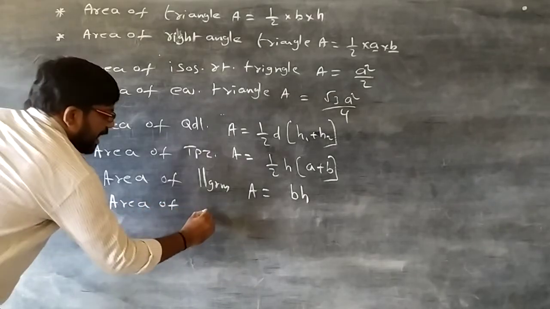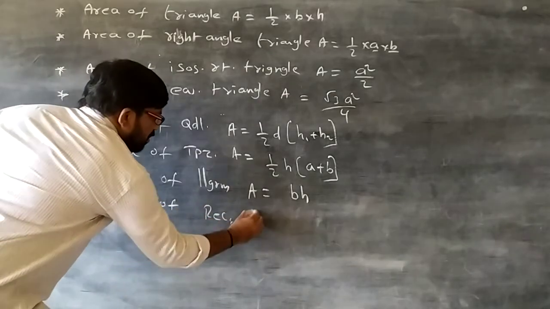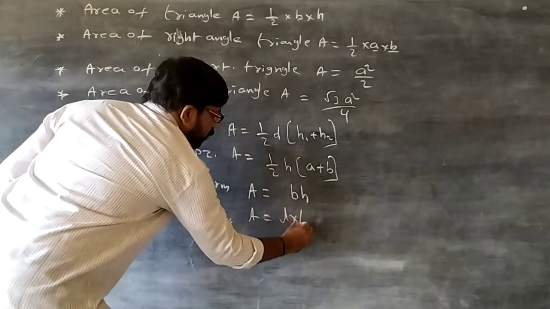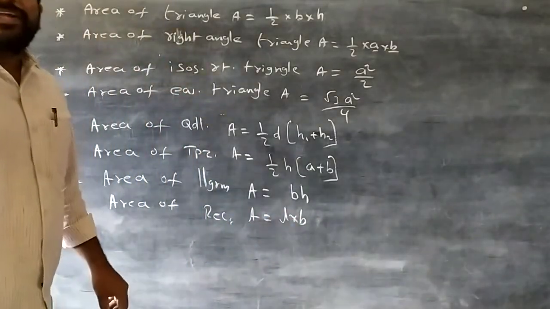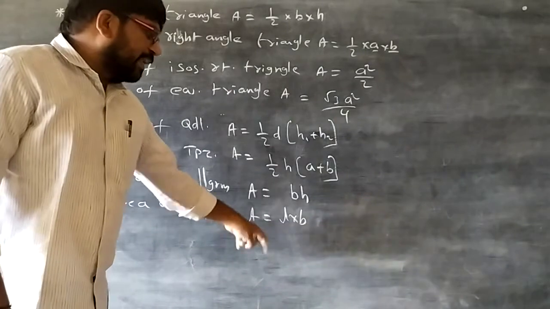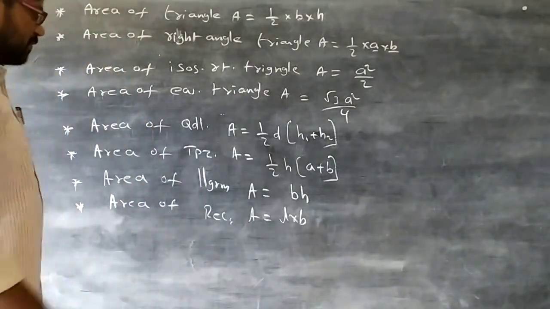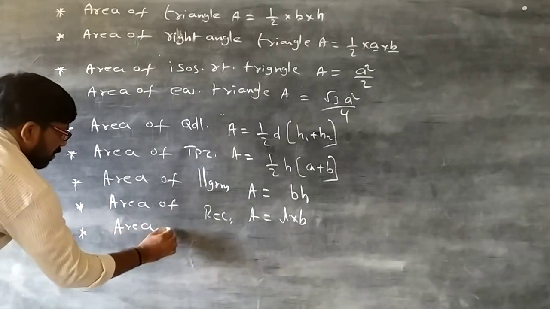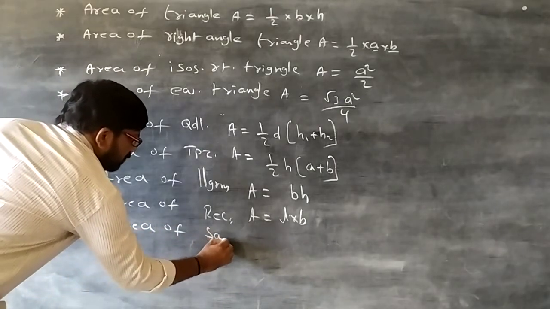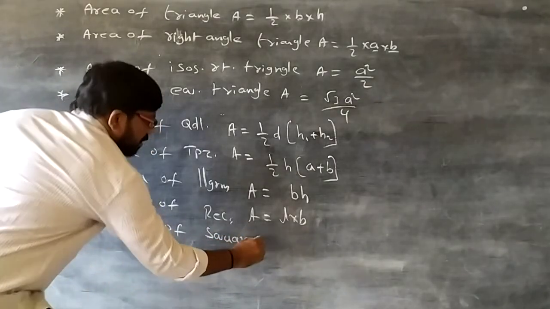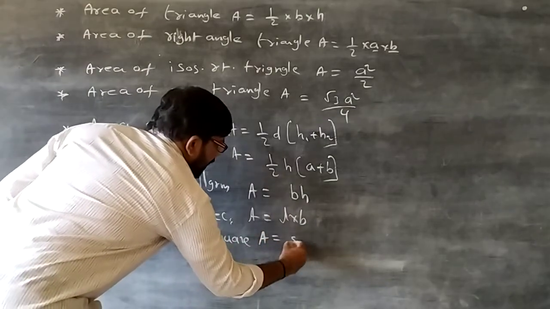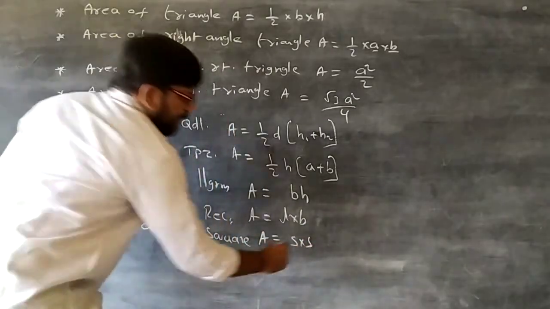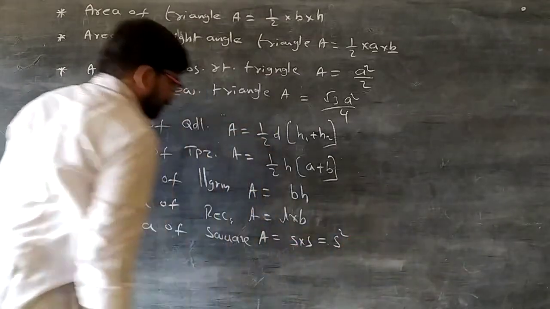Area of a rectangle: A is equal to length into breadth, that is, L into B. Area of a square: A is equal to side into side, or S square.